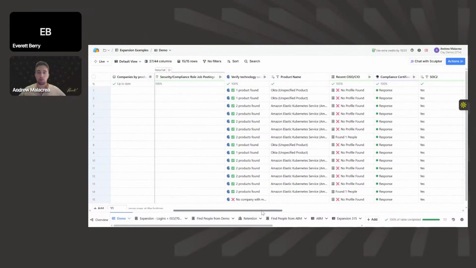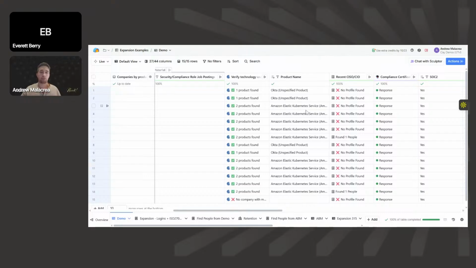All right, so another thing I wanted to touch on is this verified technology usage. So Everett talked a bunch about HG Insights and the quality and granularity of data that we can get there. There are so many ways you can leverage this sort of data. In this case, it's a way to measure fit in terms of compatibility with tech stack.